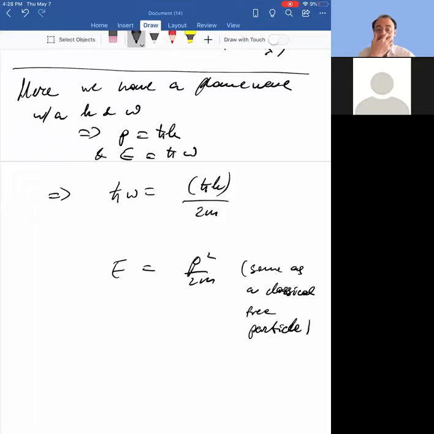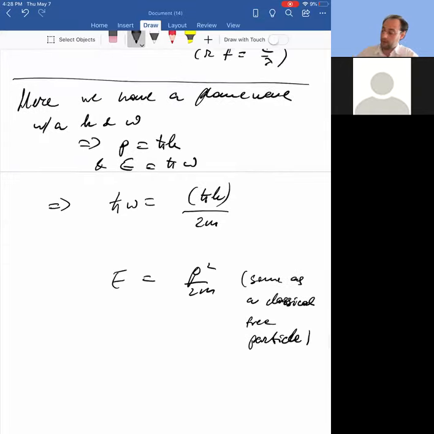Thus a plane wave describes a particle with a specific momentum and specific energy, and these are related in the same way as for a classical particle. Later, we will learn how to get energy and momenta without using de Broglie relationships, right? So these are de Broglie. We'll basically derive these relationships.